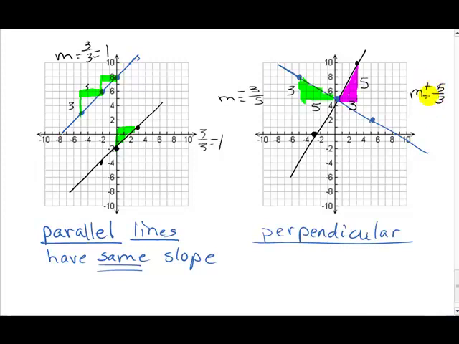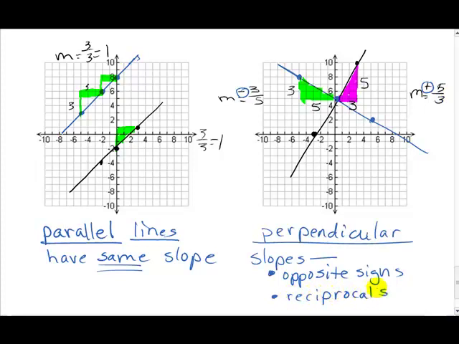So perpendicular lines, their slopes, two things. Notice that one is plus and one is minus, so opposite signs. And 3/5 and 5/3, the relationship between those two numbers, they are reciprocals of each other.